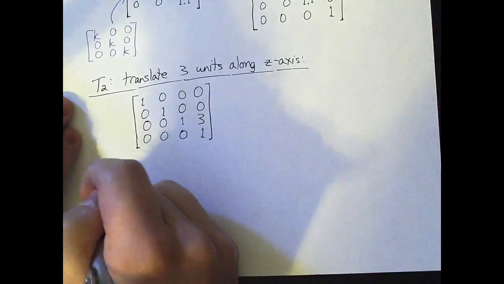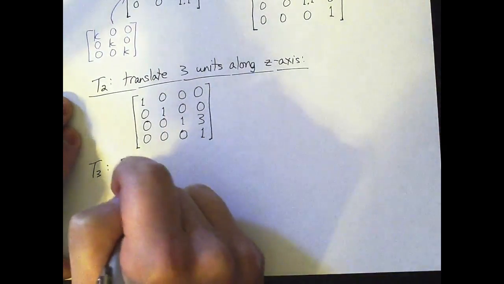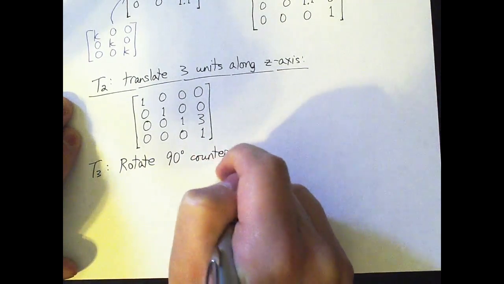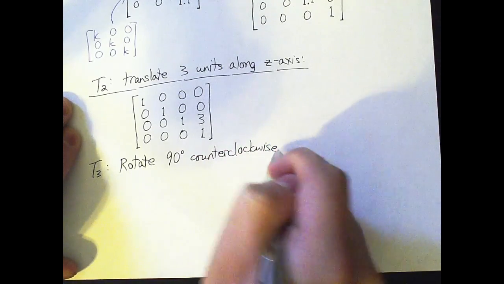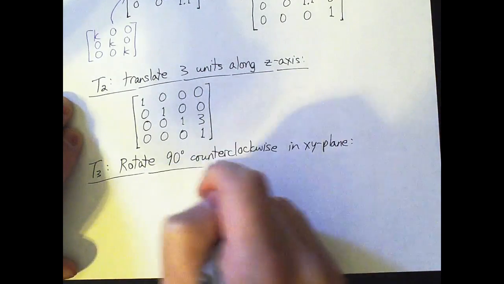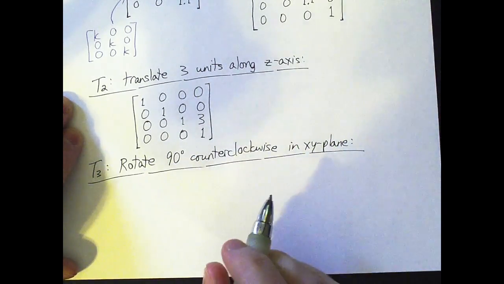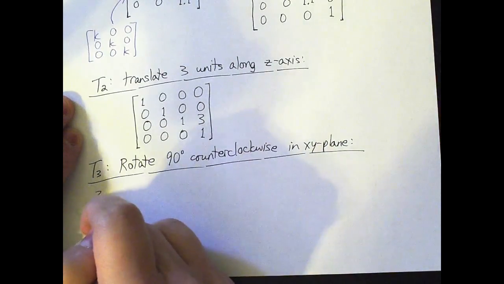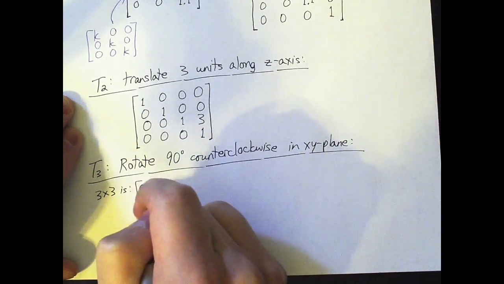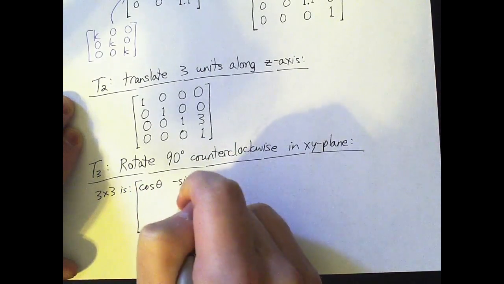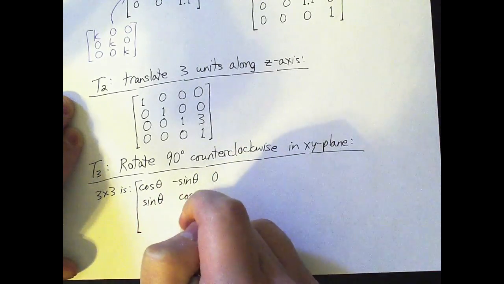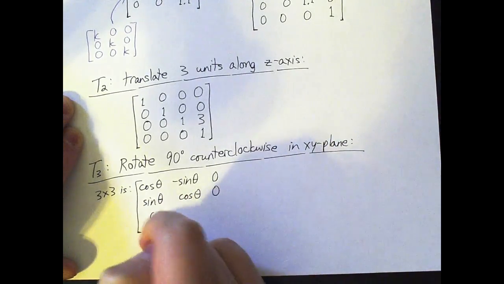The 3rd transformation I said we wanted, T3, is going to rotate 90 degrees counterclockwise in the direction of the xy plane. We could figure out the matrix for this. So the 3x3 version, we said earlier, was cosine theta, negative sine theta, 0, sine theta, cosine theta, 0, and then 0, 0, 1.